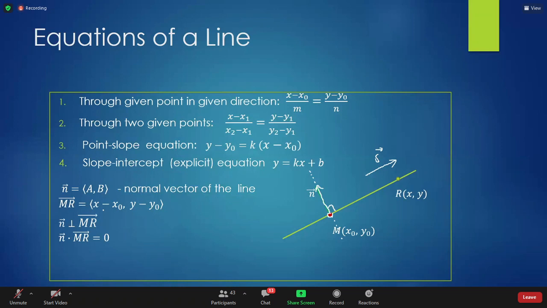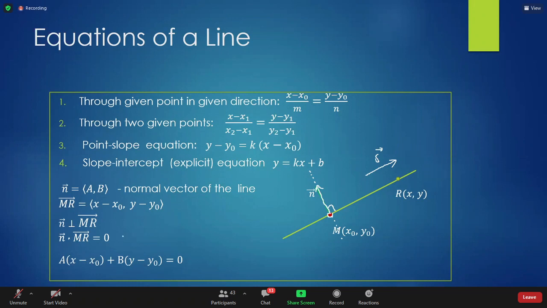So if we multiply the coordinates, we get a times (x minus x0) plus b times (y minus y0). That is the dot product of these vectors. Please remember, it's the dot product. In this case, we are simply checking perpendicularity of two vectors.